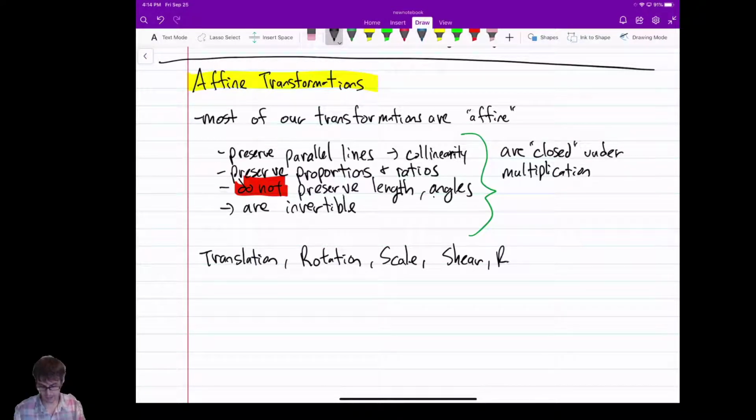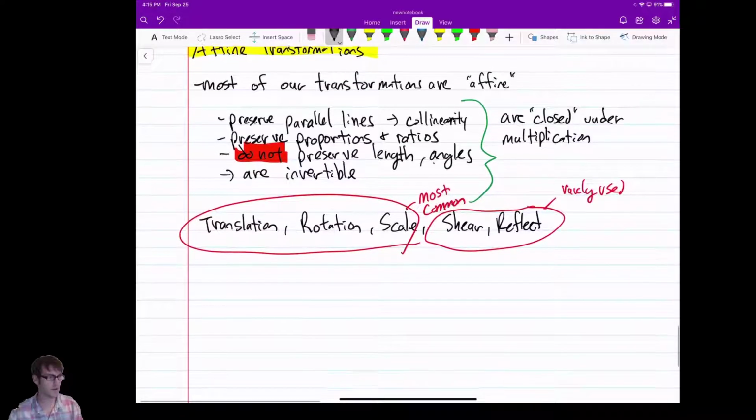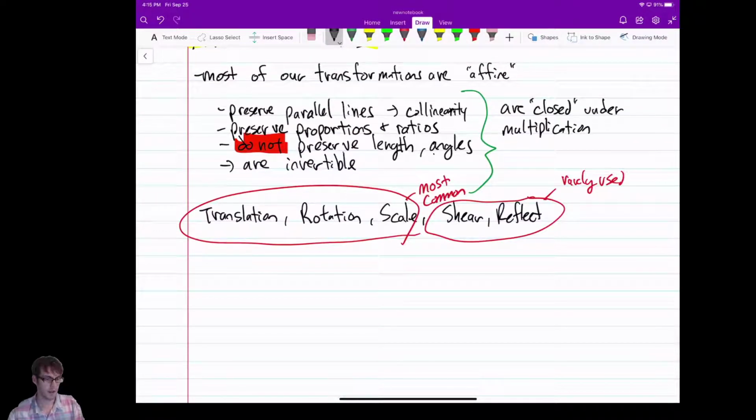And reflect, which is just a mirror image. So these are my common ones, okay? That's what most people use, and these are rare. We don't really use them that much, but you know, they're part of what's going on. Okay.